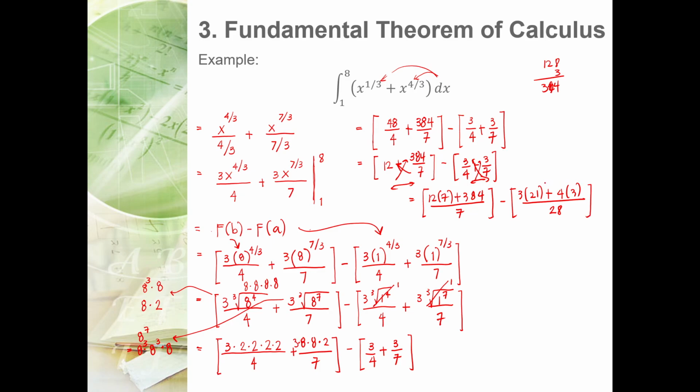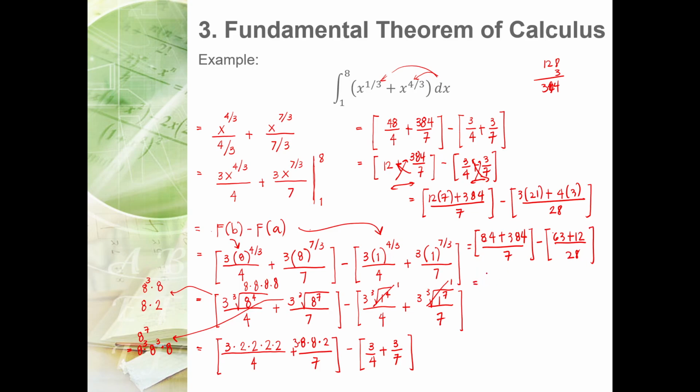So 12 times 7, so that will be 84. So 84 plus 384 all over 7. Then minus, so this is 63, then plus 12 all over 28.